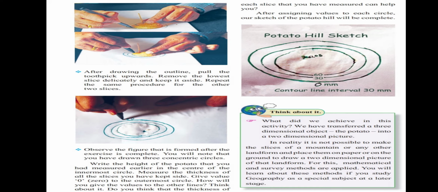Here the potato is small, so it is possible to keep it on the page, but a mountain is not possible to keep on the page, and making slices of the mountain is also not possible. That's why we use mathematical or survey methods to draw the two-dimensional figure of mountains.